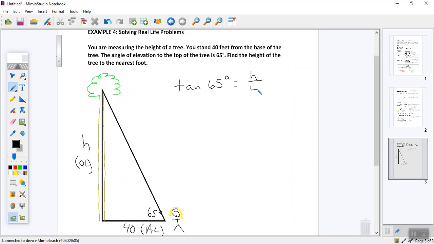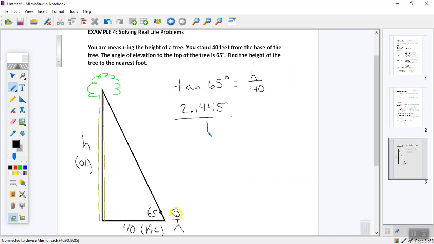Somebody want to run tangent 65 to 4 places? Should be 1 point something, or maybe 2 point something. 2.1445. I personally think it's a good idea to put this over 1.